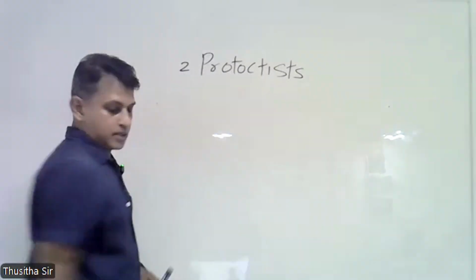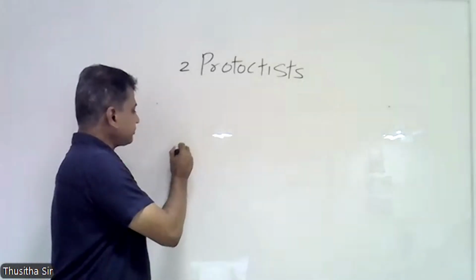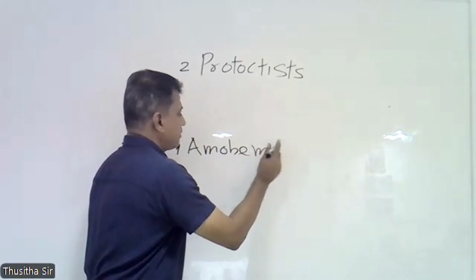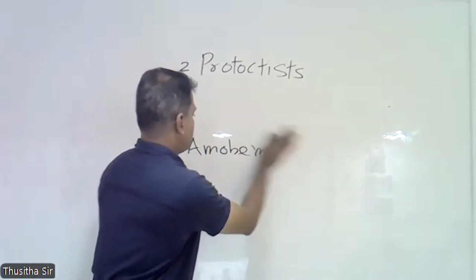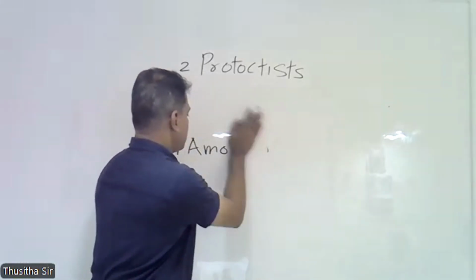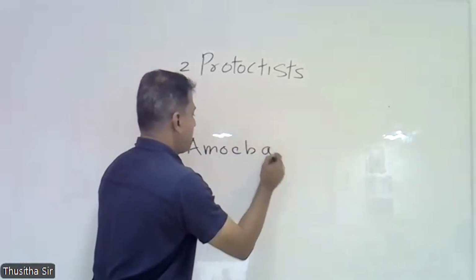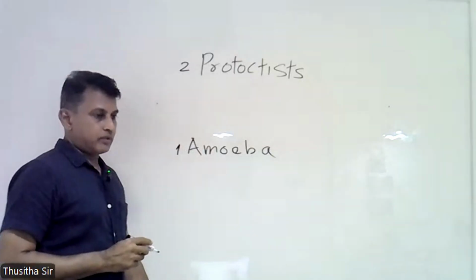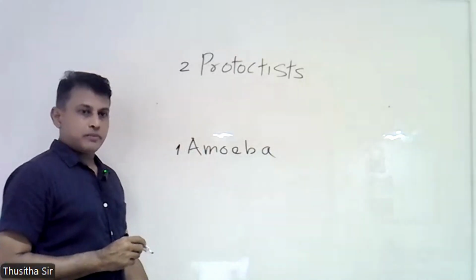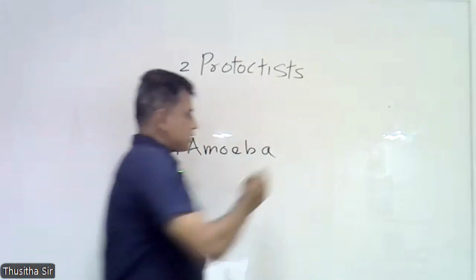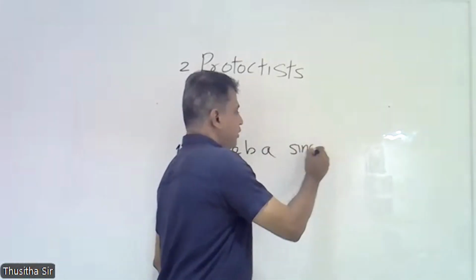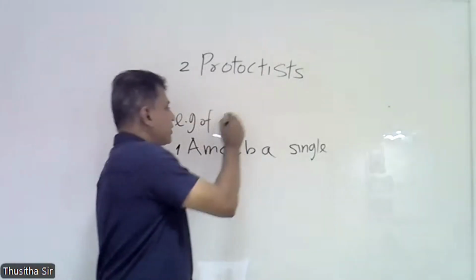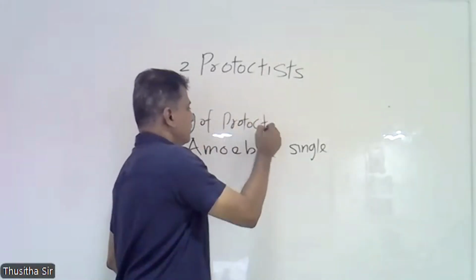So first one, amoeba. The first example is amoeba. No, just list examples, right? Examples of protoctist.